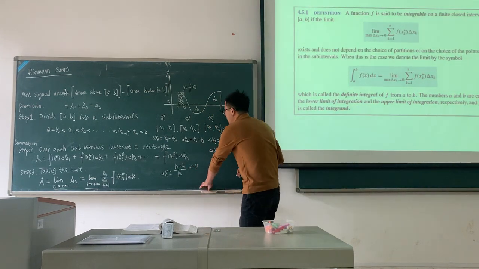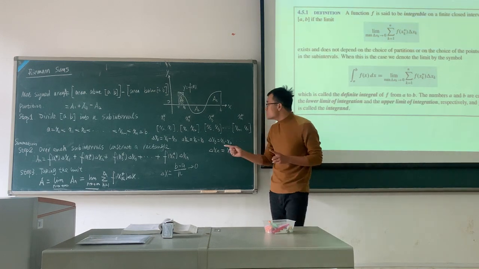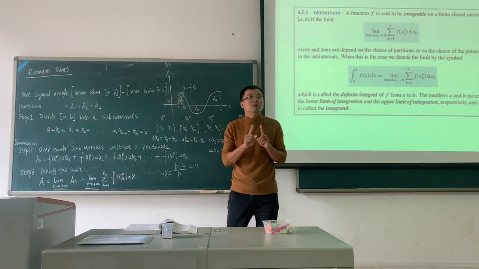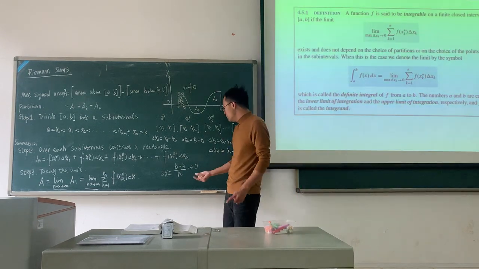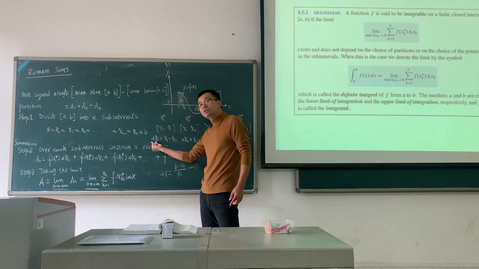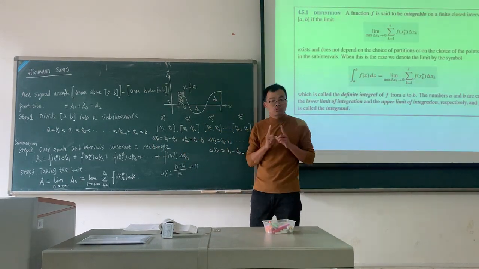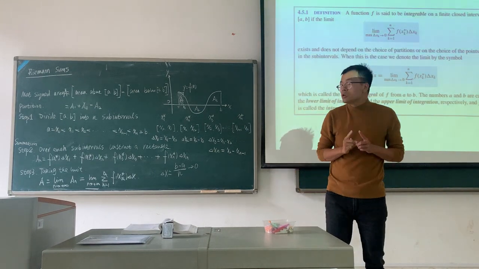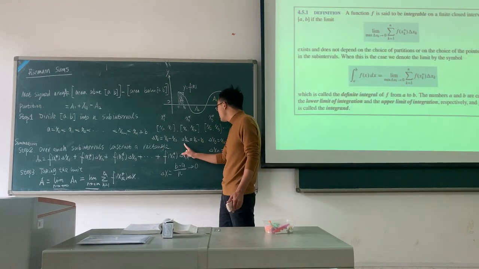But now the bases of the n subintervals are not the same, so we need delta x1 approaches 0, delta x2 approaches 0, up to delta xn approaches 0. So we just need the maximum of these n numbers.